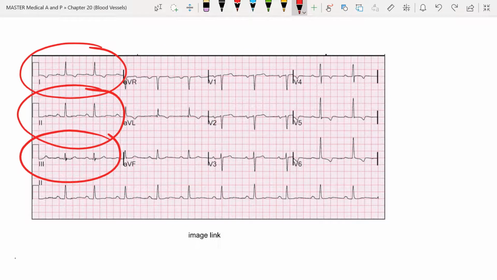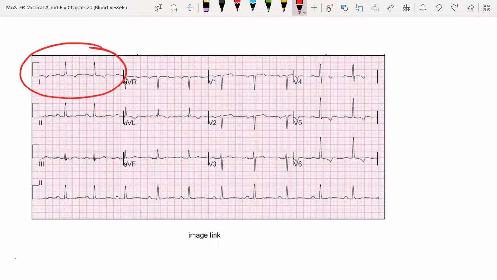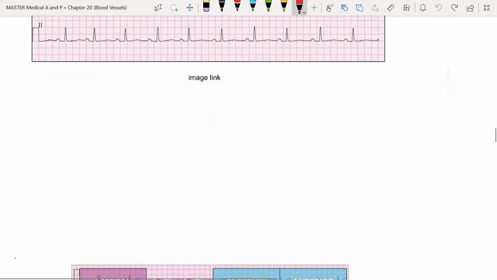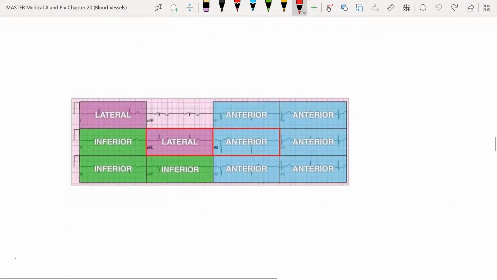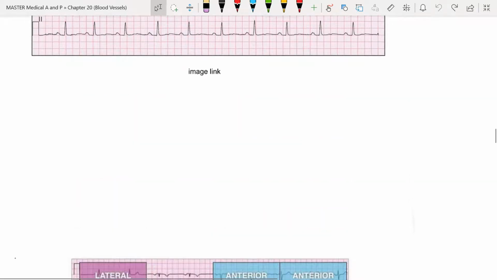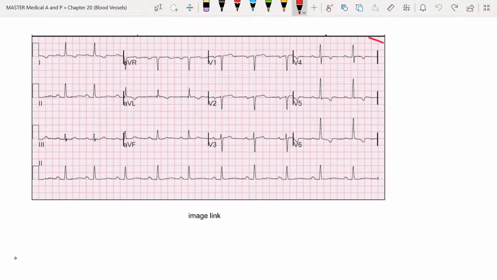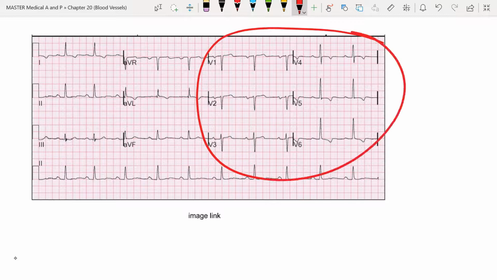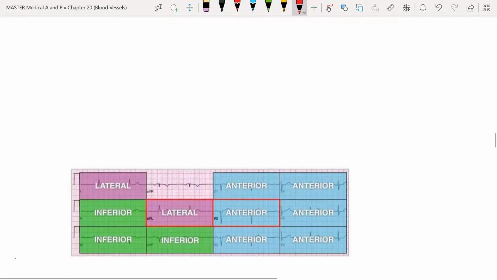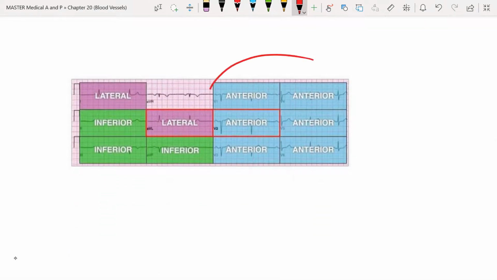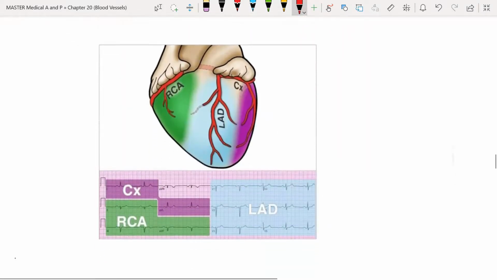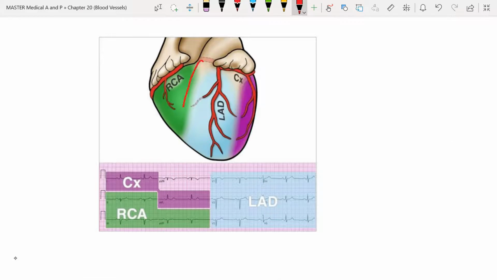Okay, so the cool thing is that each of those views is of a particular region of the heart. So, for example, these 6 views here, V1 through V6, are of the anterior portion of the heart, or in this diagram, the blue portion of the heart.